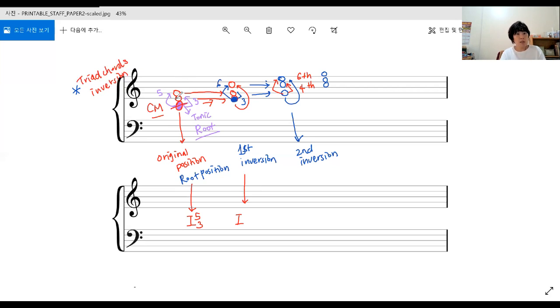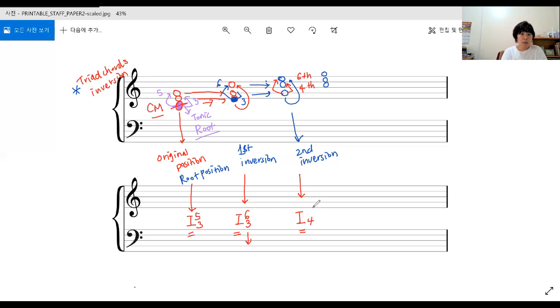C, E, G, this is C, E, G, this is C, E, G. So this is still a C chord, but the interval changes. When you look at the Roman numerals, it's all numbers, and it's still a C chord, but when you look at this number, you can see, oh, this is an inversion. The position is changed, right?